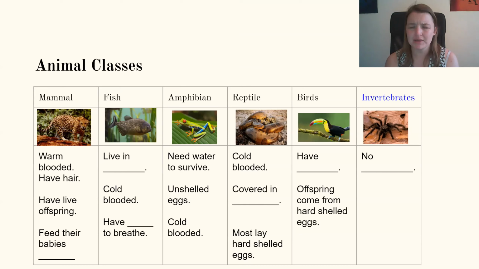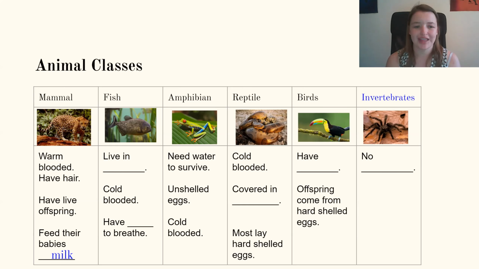What does it feed its babies? What do mammals like me and you, like cows and dolphins and lions, feed their babies? Did you say milk?